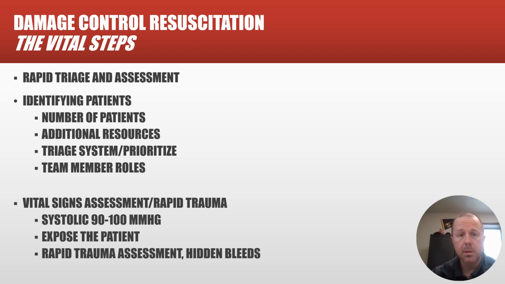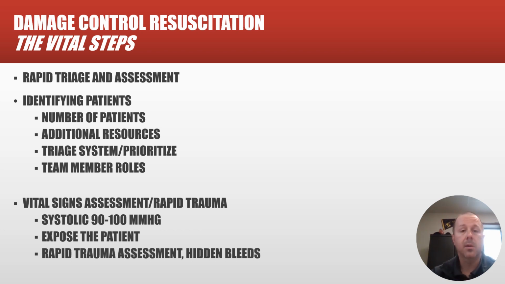Team member roles. With that, that's where whoever the scene commander is, they can kind of delegate, say, all right, your EMT, you go over there and stop the bleeding on that patient. You may have an advanced EMT on scene. They can do some basic treatments as well. You want to delegate that patient to that one. Your ALS providers are the ones that are going to do more of your extensive type treatments.